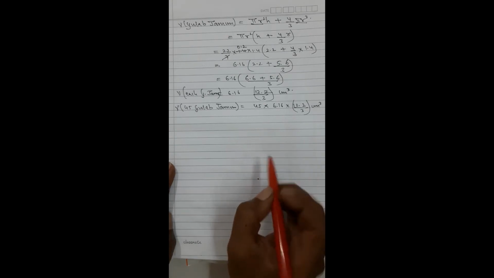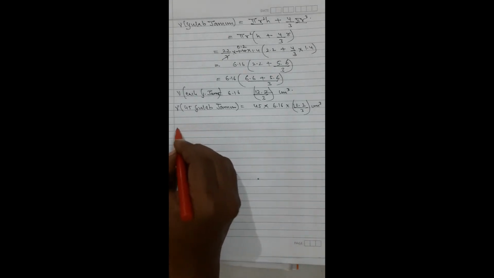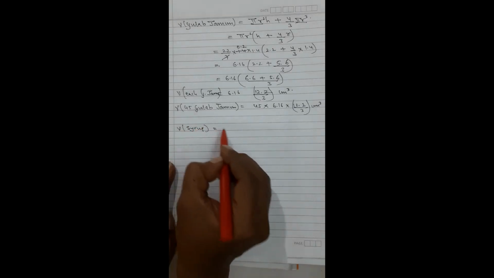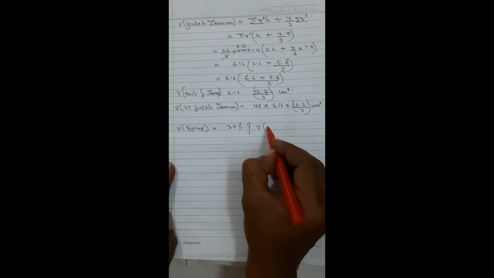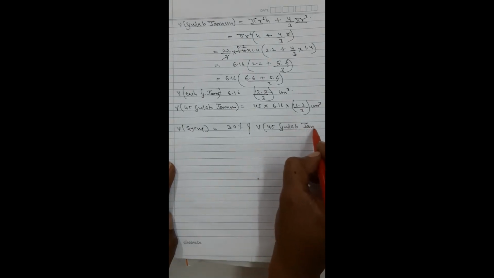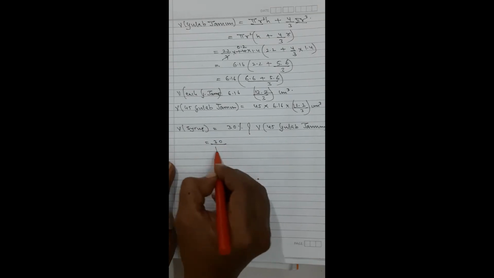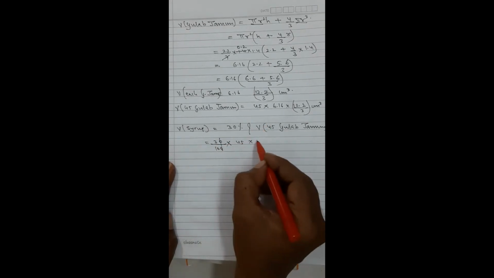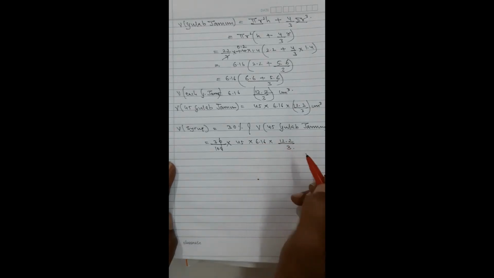Now, the volume of syrup is equal to 30% of the volume of 45 gulab jamuns. This is given. 30% means 30 upon 100 into 45 into 6.16 into 12.2 upon 3.